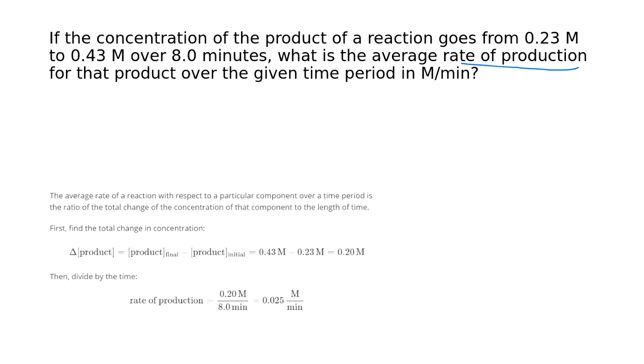Rate equals change in concentration over change in time. So you can do the calculation. I didn't expect you to have any problems figuring out the rate using the definition, but I just wanted to make sure this is given here as a sample question.